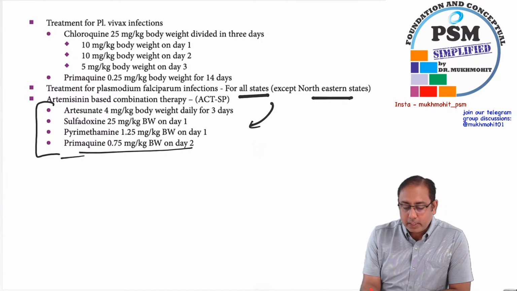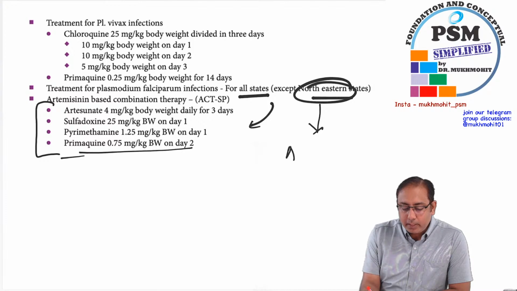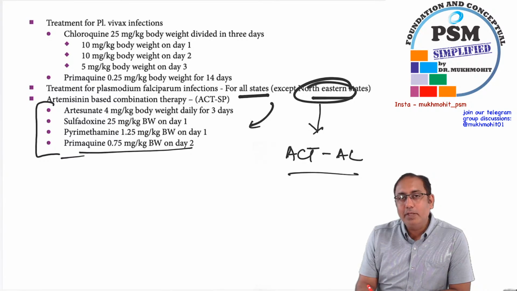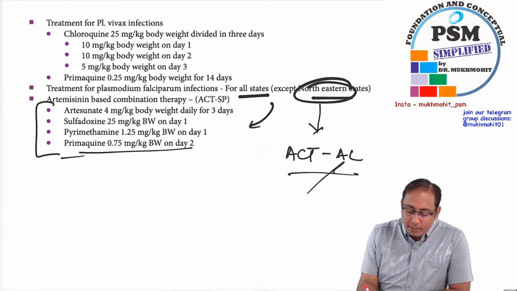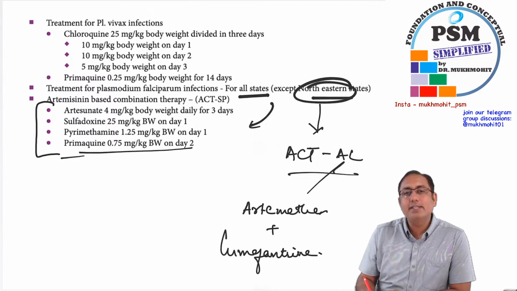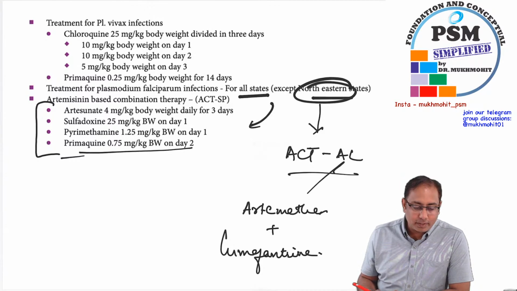For northeastern states, what is the treatment we have? We have the ACTAL. What is ACTAL? That is artemisinin based combination therapy with A and L. What is A and L? It is artemether plus lumefantrine.